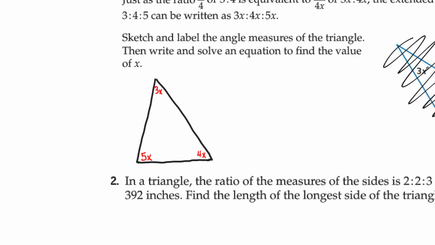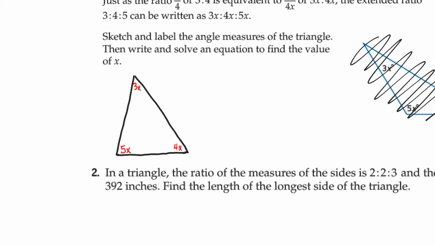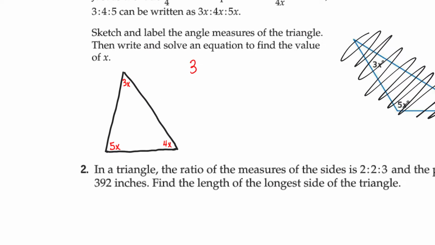Now, in the triangle, the 3 angles add up to what? 180. Okay, so here's what I'm going to do. I'm going to say 3x plus 4x plus 5x equals 180, and just solve for that. So 3, 4, and 5 add up to 12.